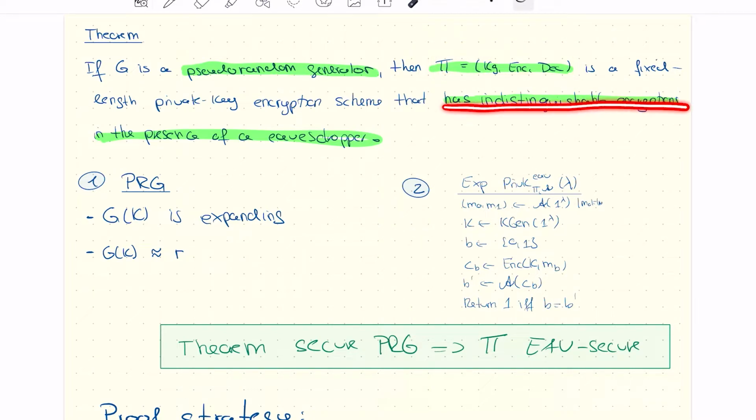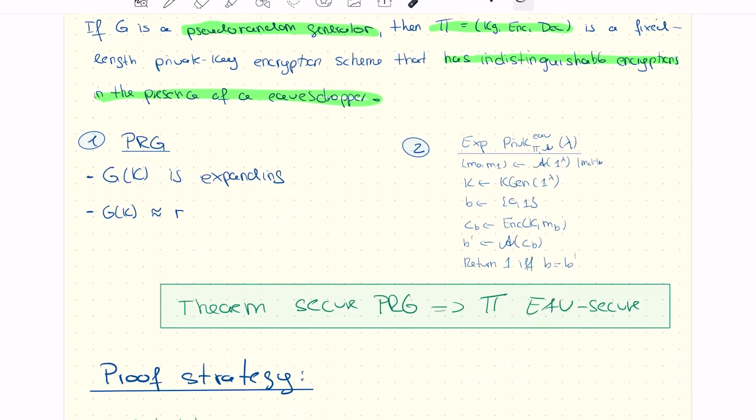To prove this theorem, the first thing you usually have to do is take a look at what the actual properties are that I have. The first one that we have is the PRG. The interesting property for us with respect to the security proof is that a PRG outputs strings that are pseudorandom, meaning that the adversary cannot tell whether it receives a pseudorandom string or a uniformly random string.